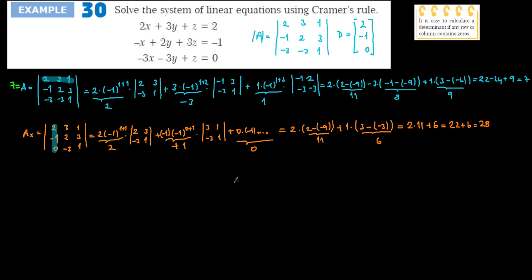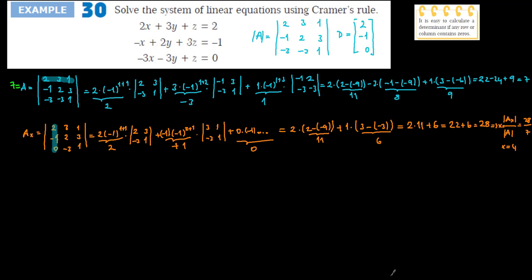It's going to be 28. By the way, I found the 28, but I didn't find the value of x. The value of x is equal to the determinant of AX divided by the determinant of A, which is 28 over 7. So x is equal to 4.